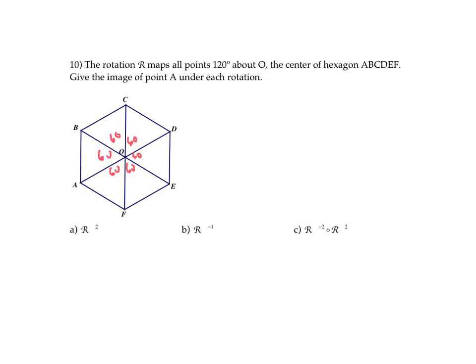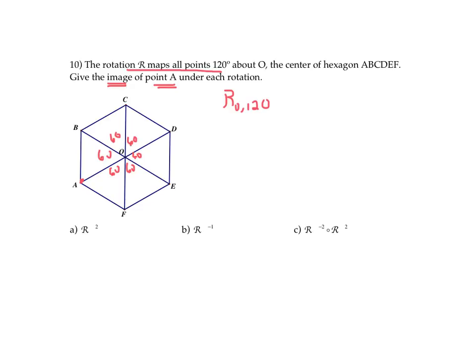So our rotation is defined as mapping all points about the origin of 120 degrees. It says we're to give the image of point A under each rotation. So that's going to be the output, but we're going to start at point A, and we have to figure out where we're going to end up.